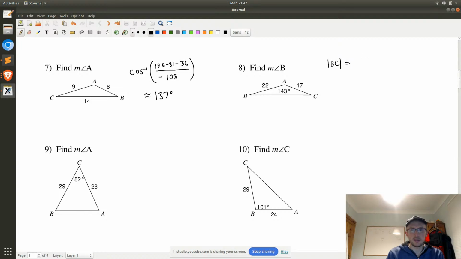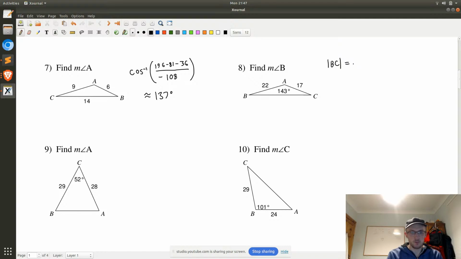The length of BC divided by the sine of A. What the hell? Why is it not working? Oh, goodness me. It's cosine rule. It's fine. It's absolutely fine.